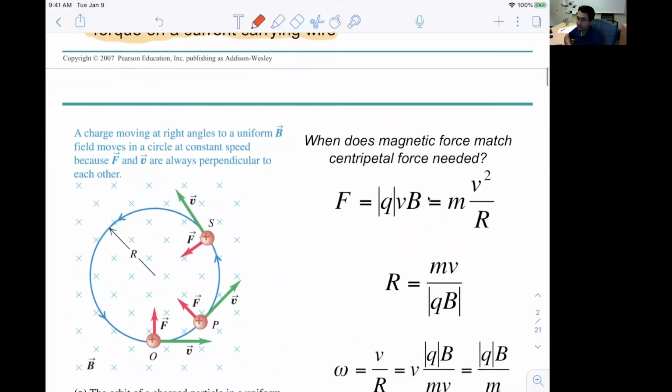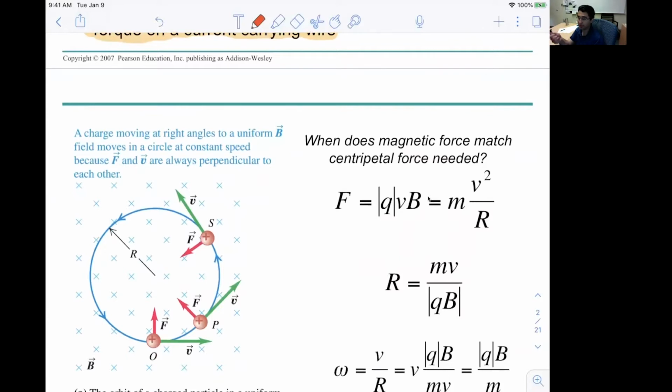So one thing is the cyclotron motion, which happens when you have a charged particle moving in a magnetic field. It makes a circular motion because the force is always to the center and perpendicular to the velocity.